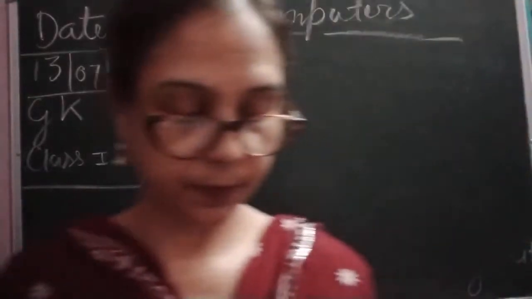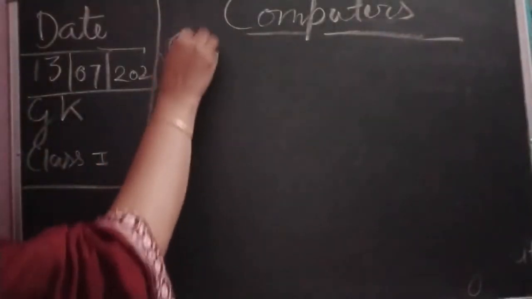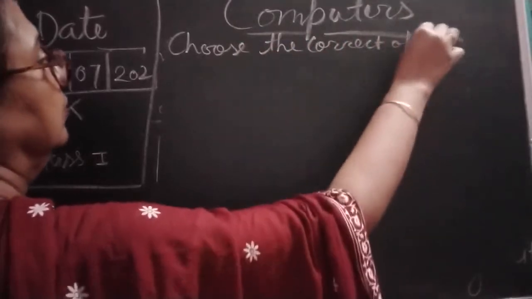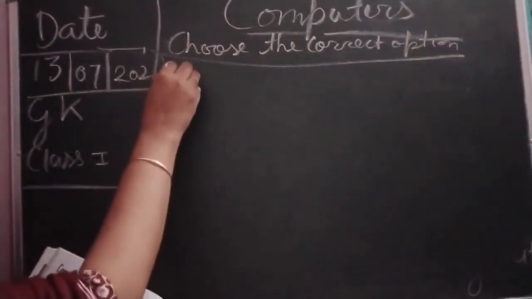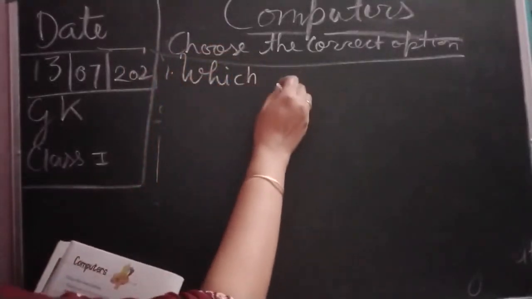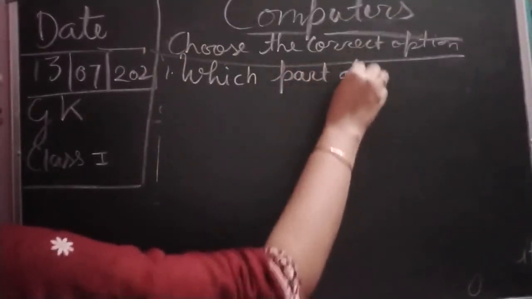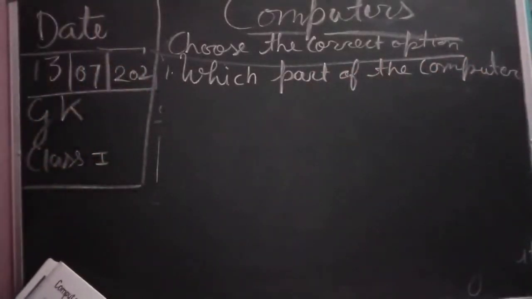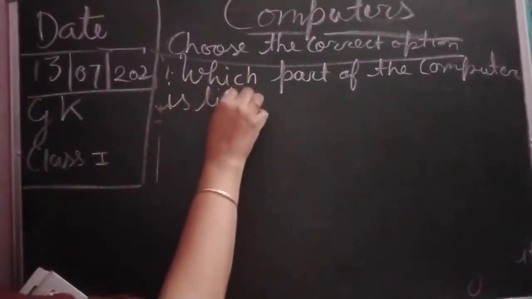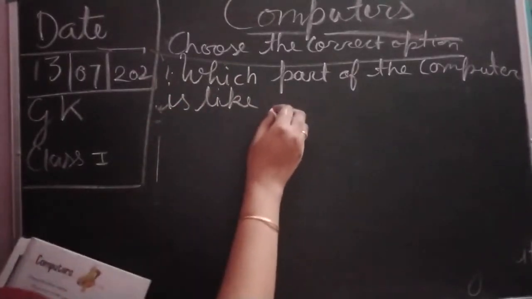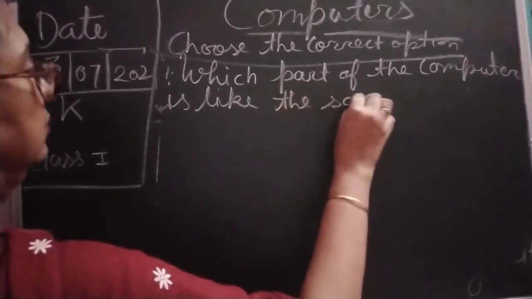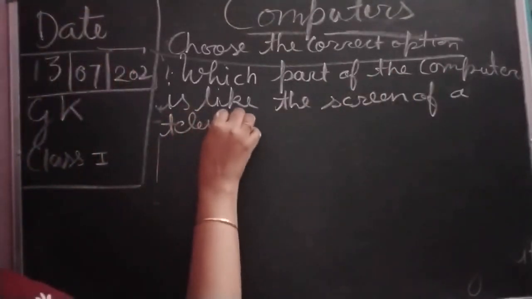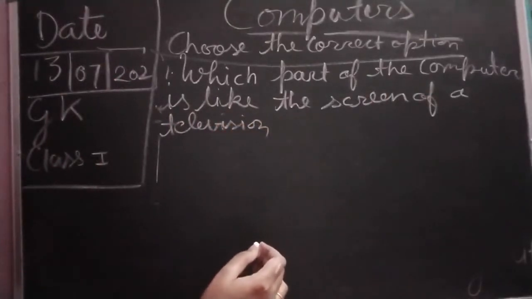The first question is, which part of the computer is like the screen of a television and shows us text and image?